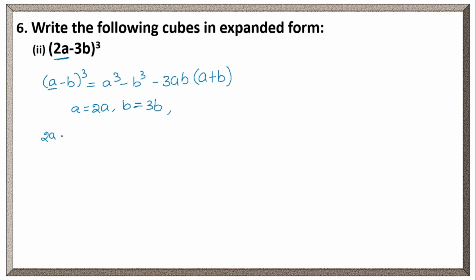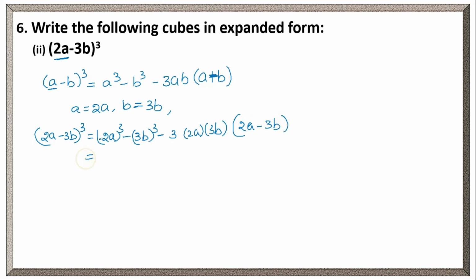(2a − 3b) whole cube equal to (2a) whole cube minus (3b) whole cube minus 3 into 2a into 3b into (2a − 3b).